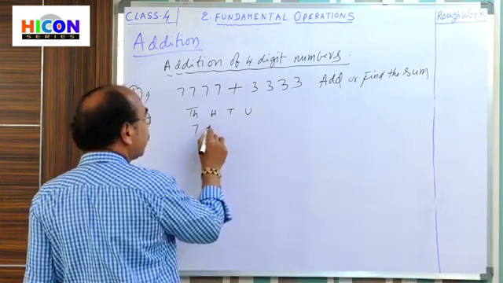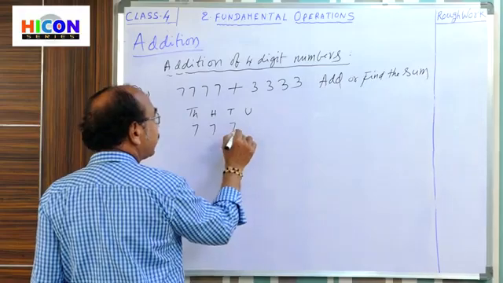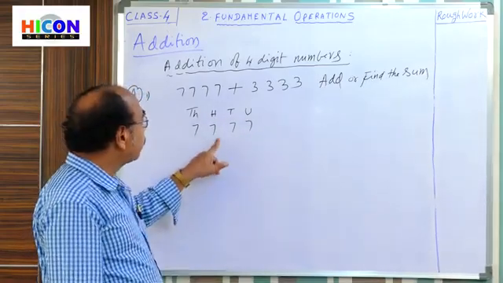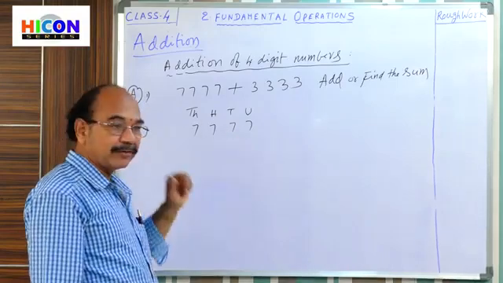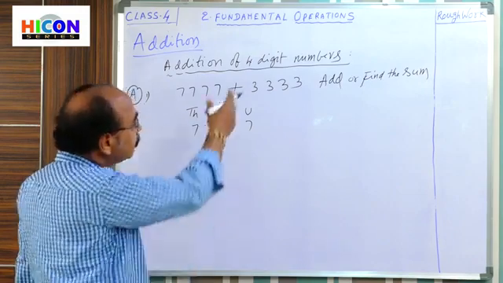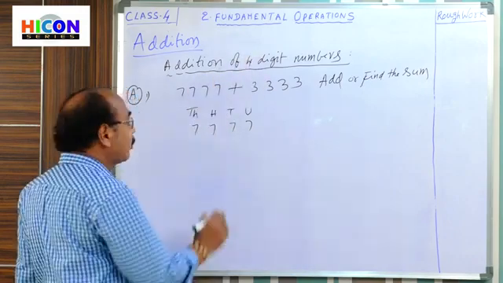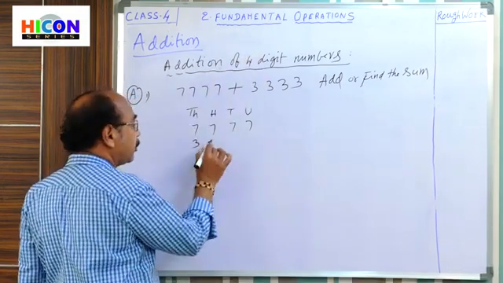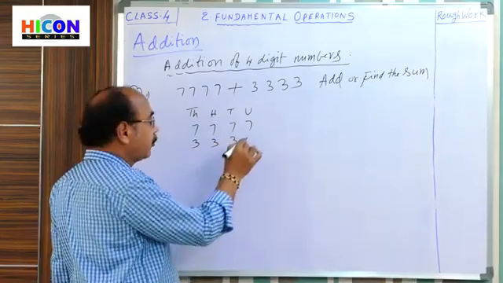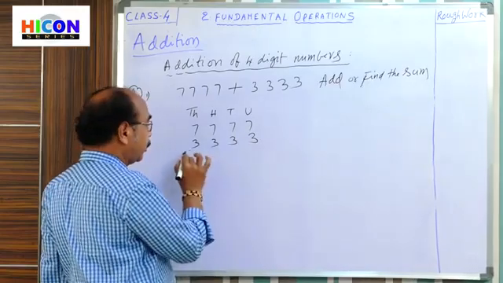7,000 plus 777, all sevens only: 7,777. Now take the second number. Here also all threes only: 3,333.